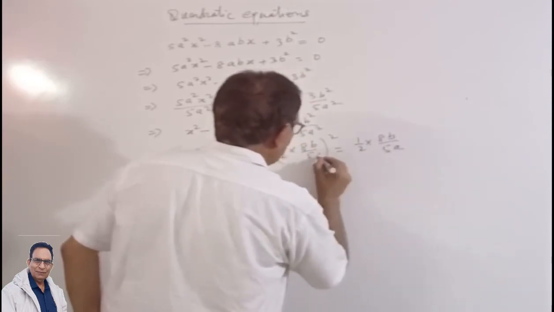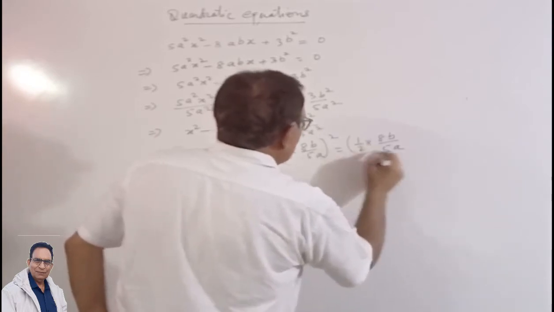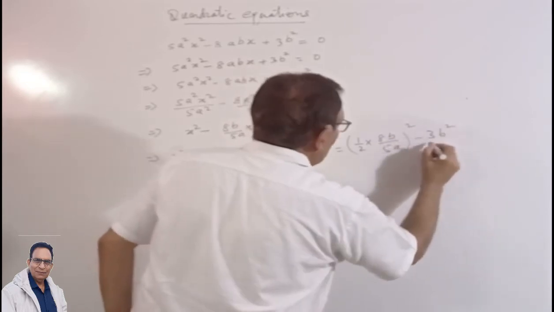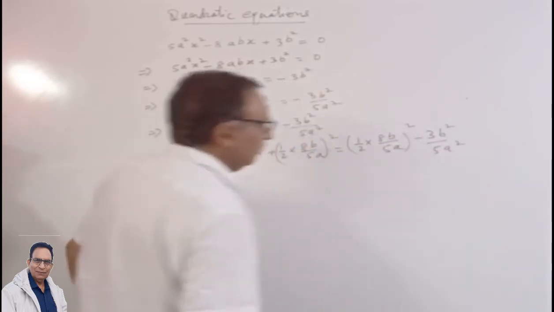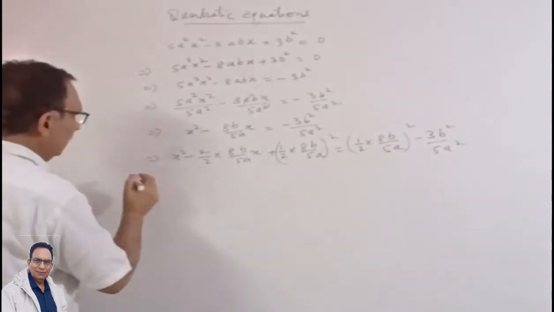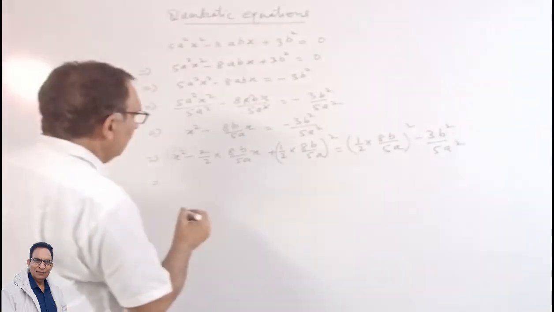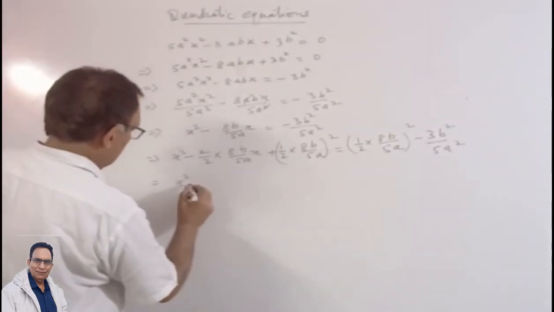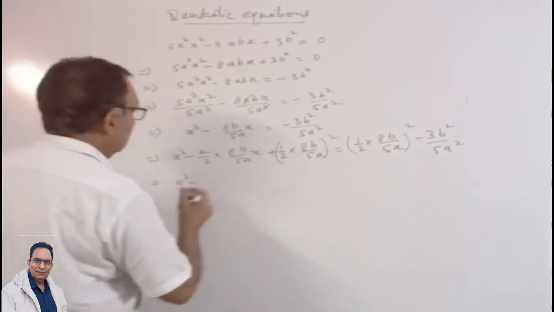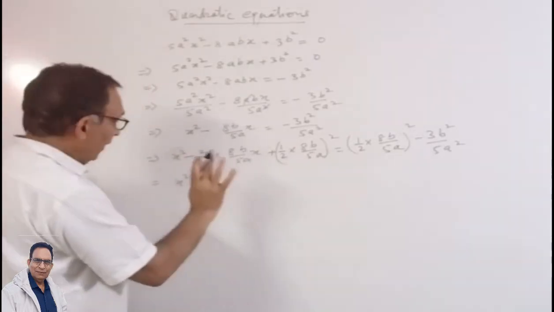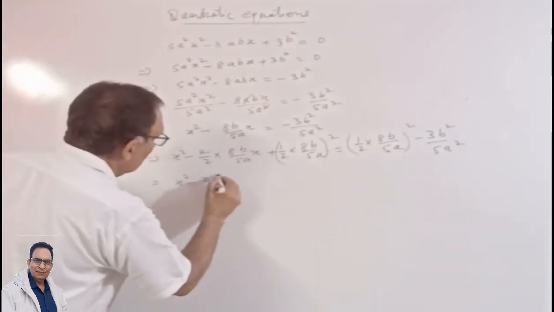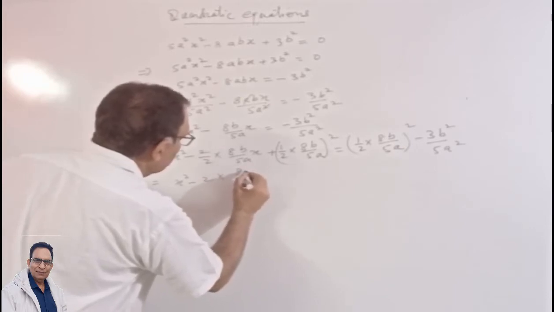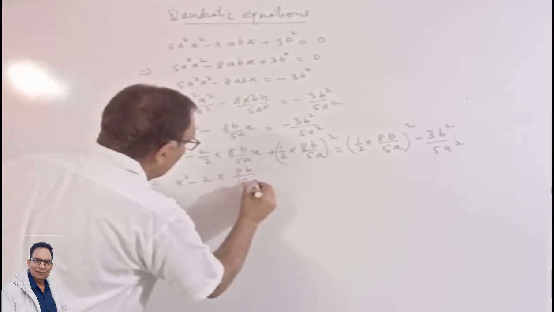This is a square minus 3b square over 5a square. Go further. It is x square minus, I am not cancelling anything, I am writing 2 into 8b over 10a.